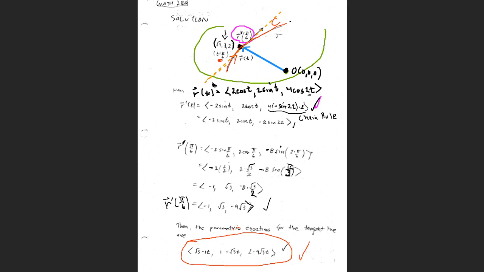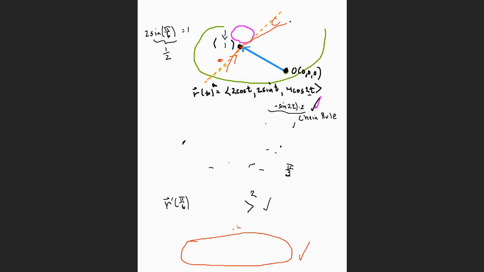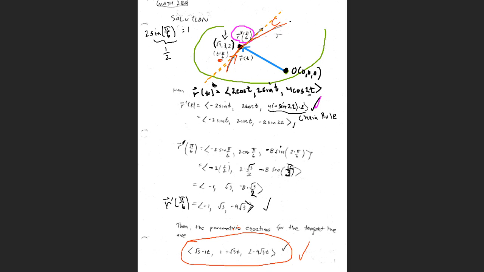So 2 times the sine of what angle is going to equal 1? Well, the sine of the angle has to be a half, so the sine of 30 degrees is pi over 6. See that? With your 30, 60, 90 right triangle.